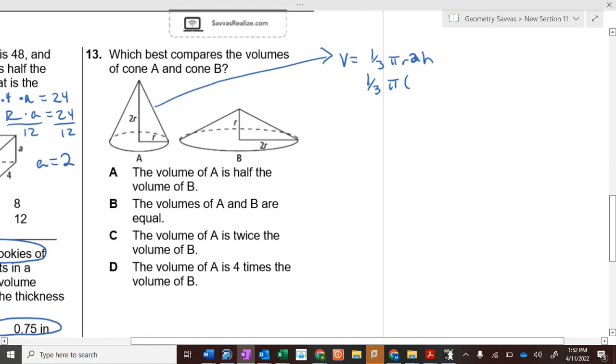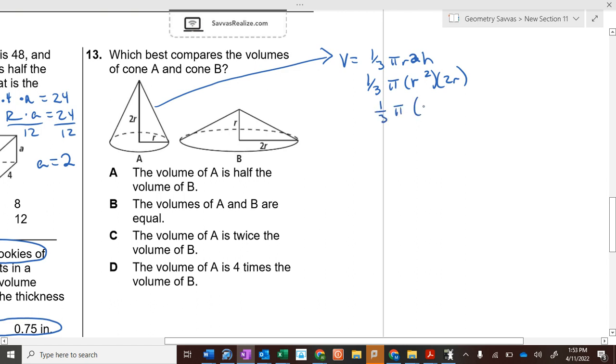So if the radius is r and my height is 2r, what's r squared times 2r? 2r cubed, right? So it's 1/3 pi times 2r cubed.